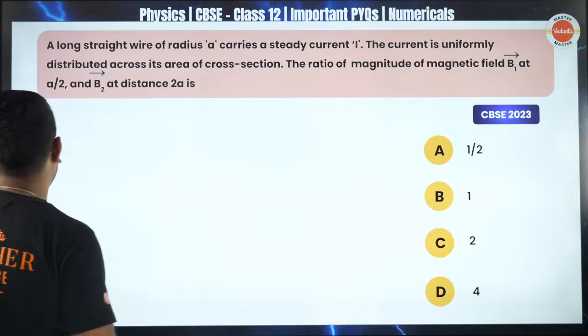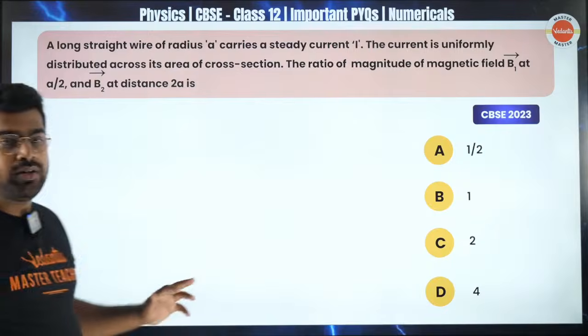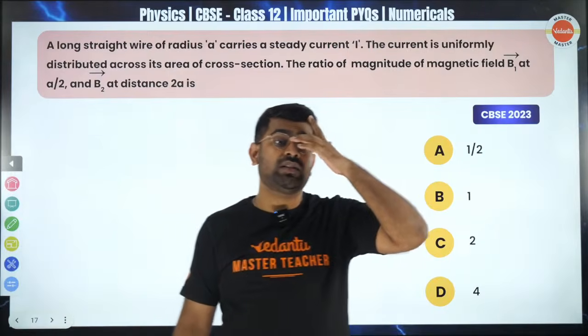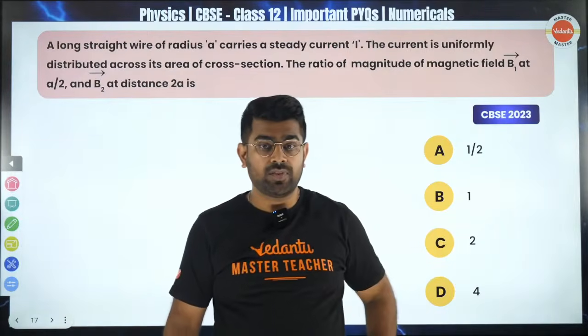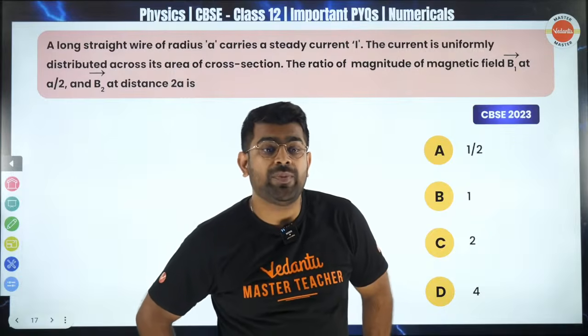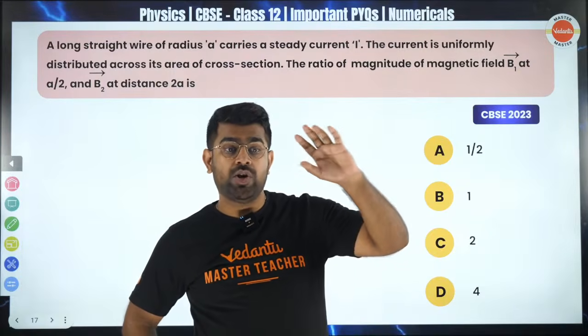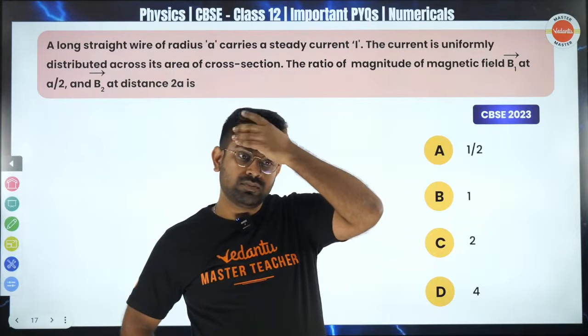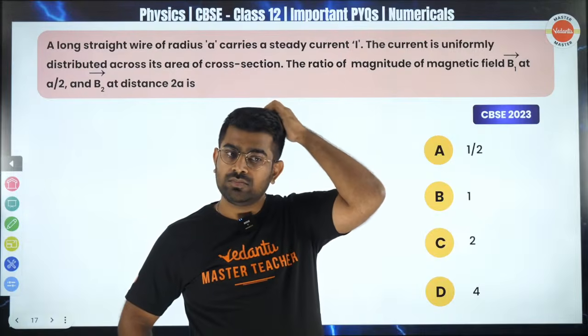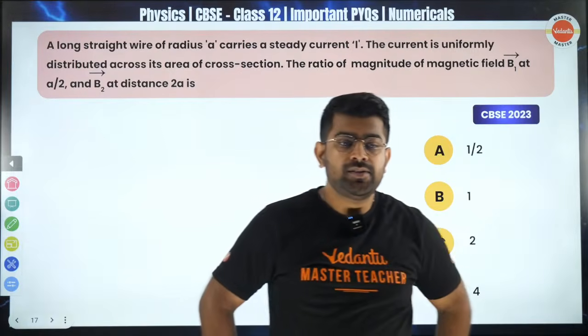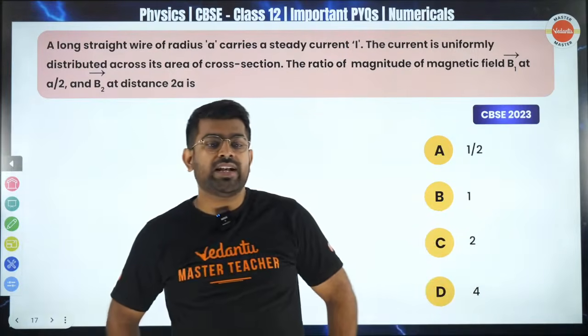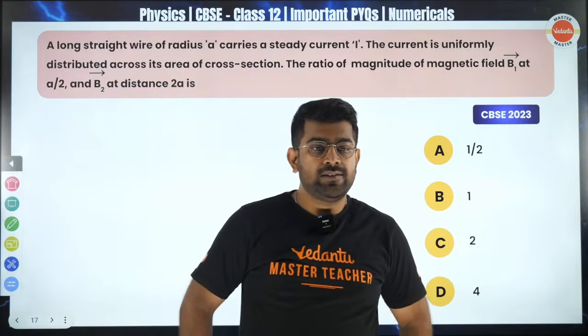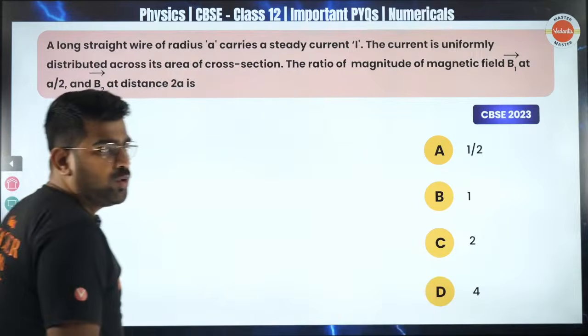Do you want me to repeat the previous question? How many of you want me to repeat? Do you all want me to repeat? No, right? So I think most of you have got it.